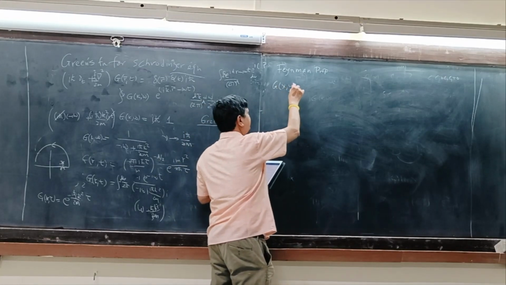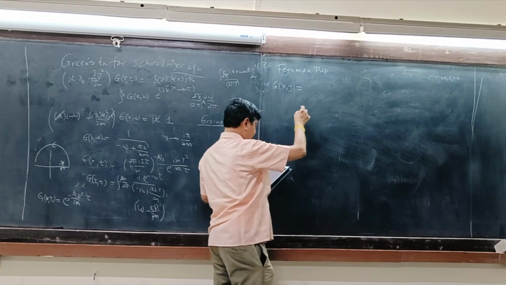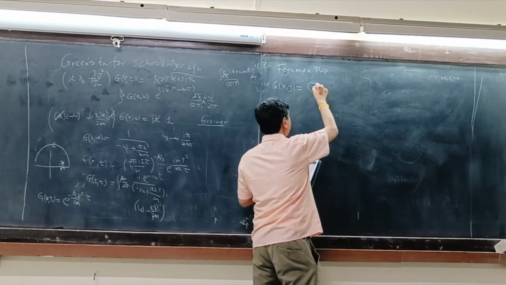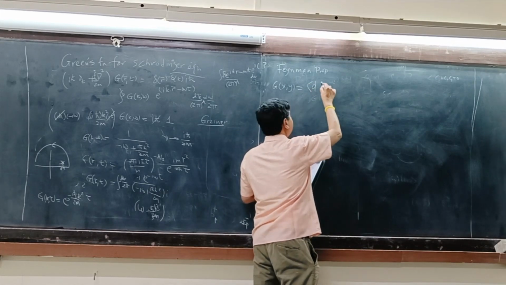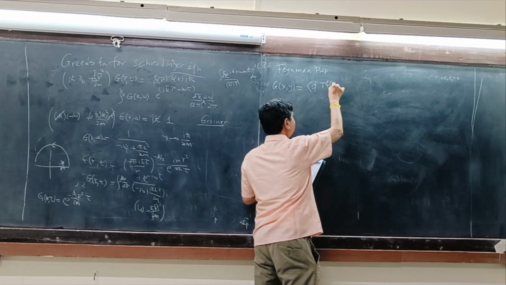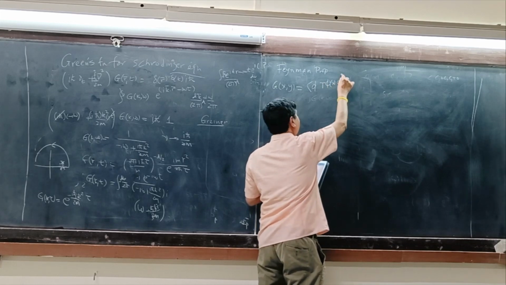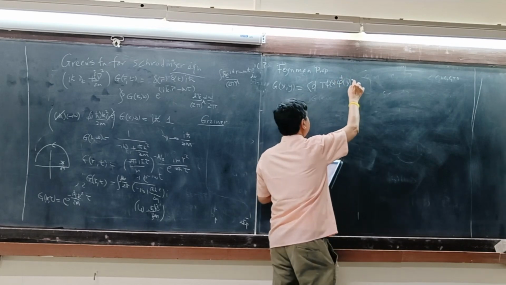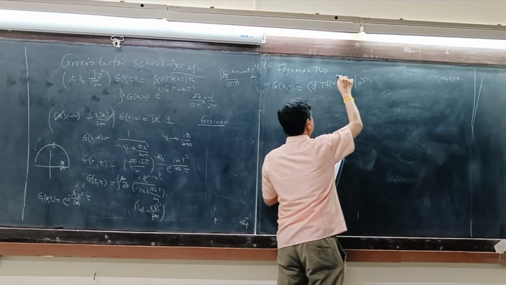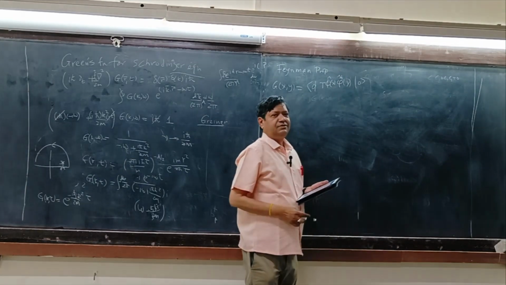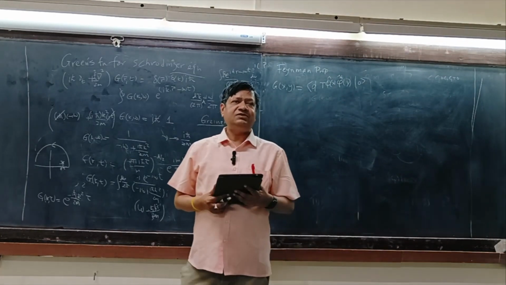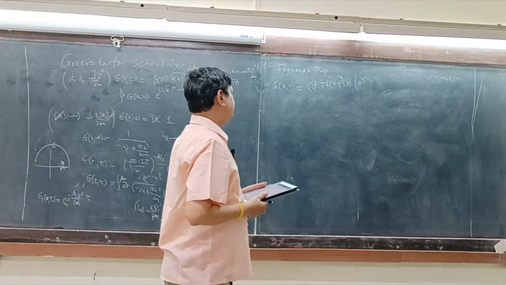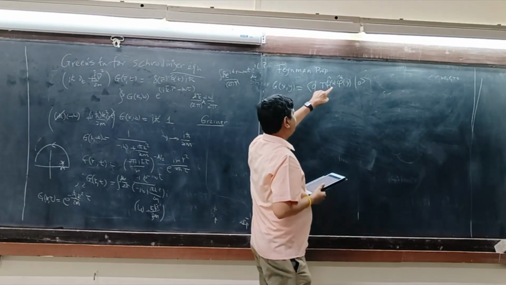So g of x, y is a Green's function, in fact. We do it for the vacuum. Time ordered product of phi of x, phi dagger, phi creation operator. So these are operators. Okay, so it's a time ordered product.